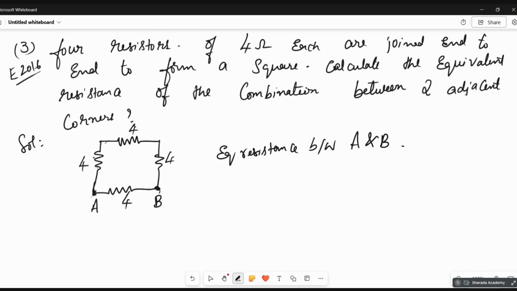See, if I call these R1, R2, R3, R4. R1, R2, R3 are in series, as you told. Correct. So I can replace all the three. Between A and B, I can remove all the three and put one resistor between these two points. So I'll get 4 plus 4 plus 4, 12.